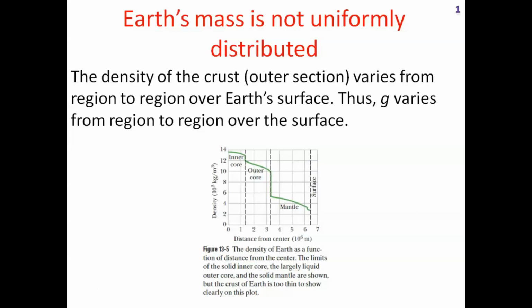On the y-axis we have density in 1000 kg per cubic meter, and at the inner core it is 14,000, the outer core is about 10 to 12,000 kg per cubic meter, and the mantle is 5 to 3, and on the surface it is minimum.